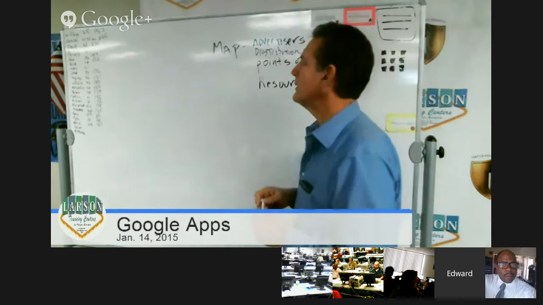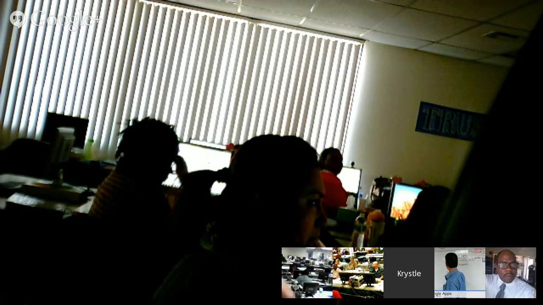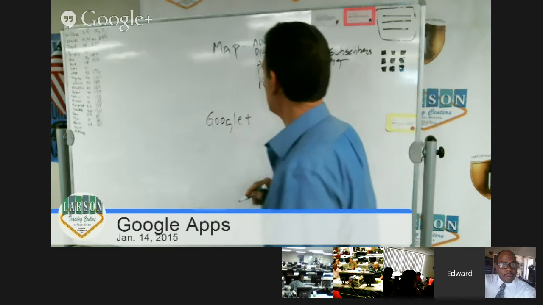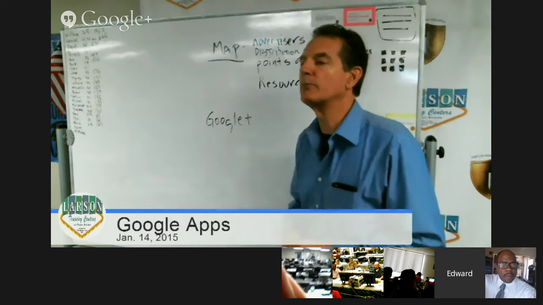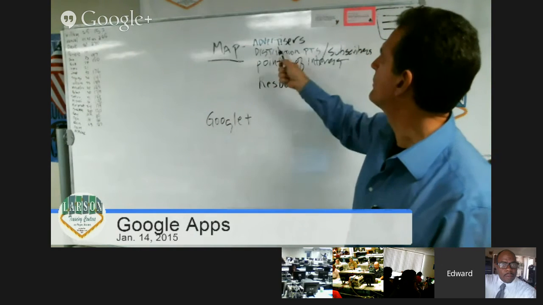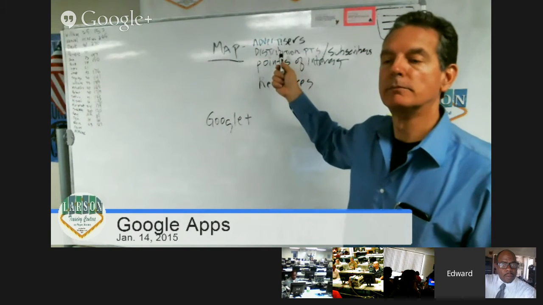Okay, what's another app in California that we would use besides Map? How about Google Plus for creating events? Gmail? Okay, Google Plus. But let's go back to the map thing for a second, because we're going to have multiple maps. We might have the distribution points map as a public map, right?